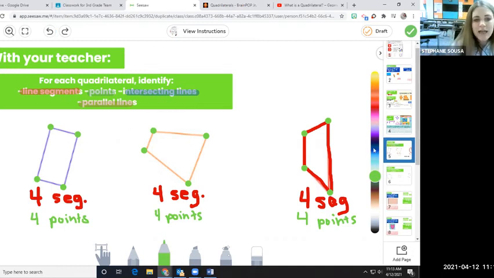So intersecting, we're going to show where these intersect. Here, here, here, and here. So our line segments intersect at the corners, at the points, okay? That is where these intersect.